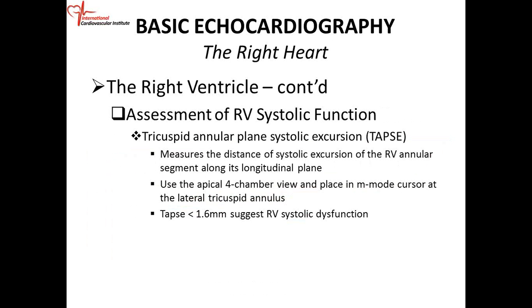So the tricuspid annular plane moves up to the apex. That's how the RV contracts. That's the main mechanism for RV contraction, which is slightly different from the LV. That is why TAPSE is a very accurate means of assessing the function.